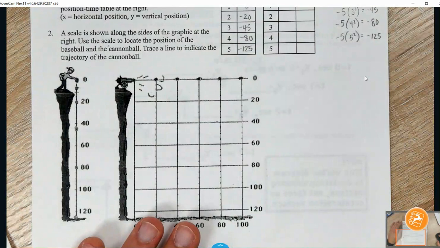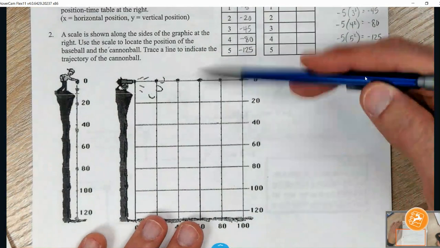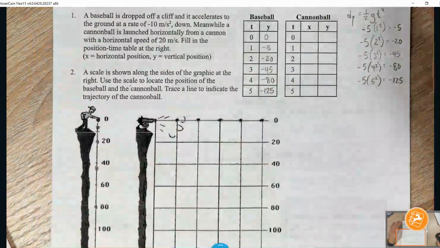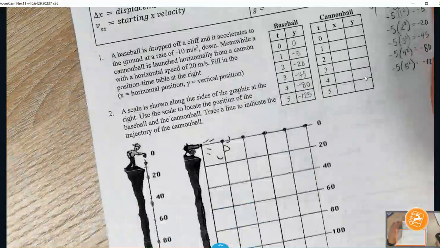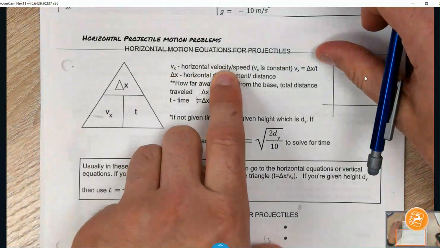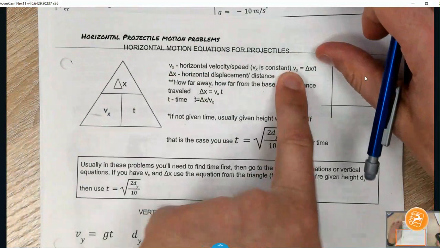Cannonball, the only thing causing it to accelerate downward is gravity, but it had an initial horizontal speed, which I usually will call Vx in these equations up here. Vx, your horizontal velocity, your speed, it is constant.